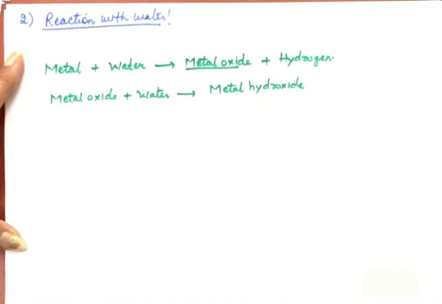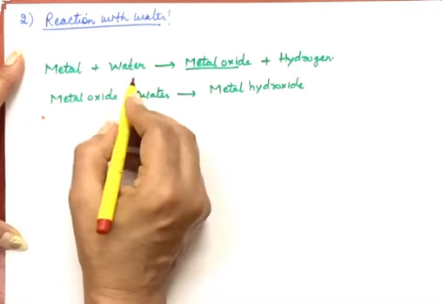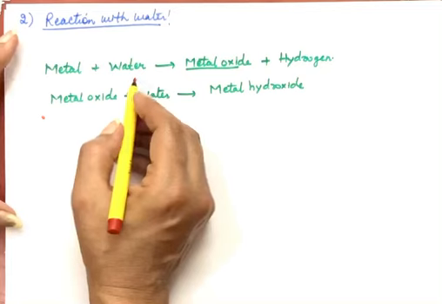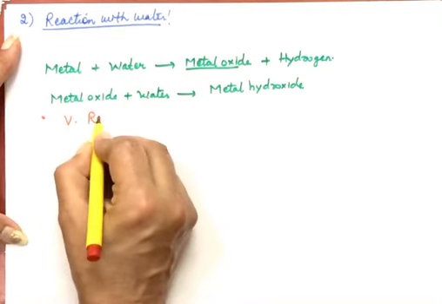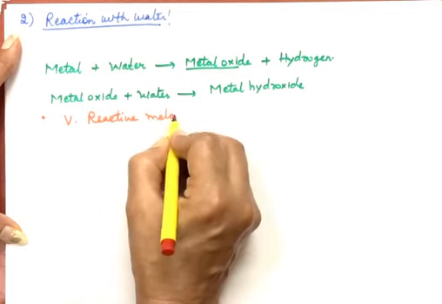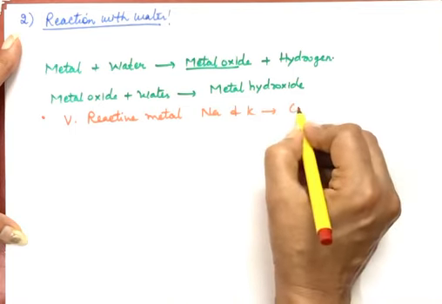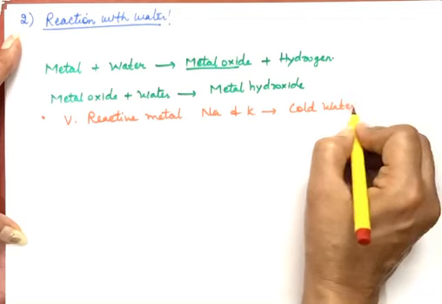Now again, some metals are more reactive, some are less reactive. So here the reaction with cold water or with hot water or with steam will take place. Very reactive metals are sodium and potassium. They react with cold water. There is no need even for hot water.